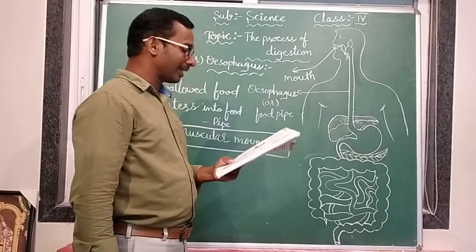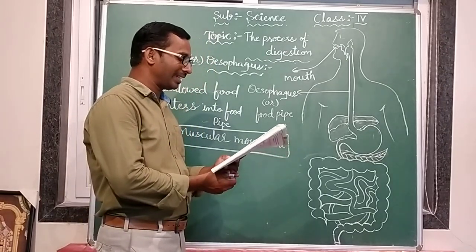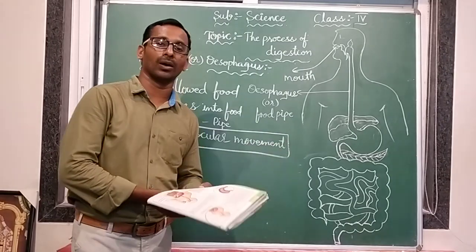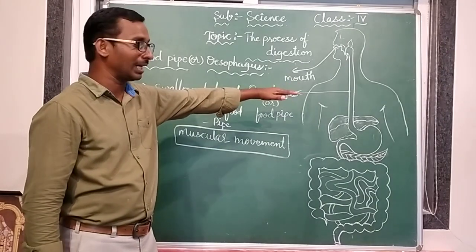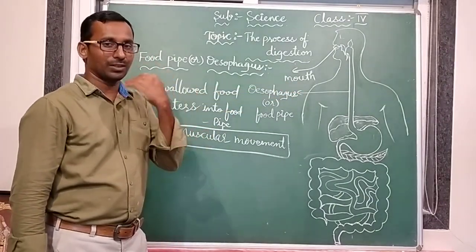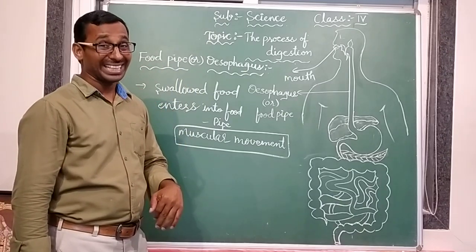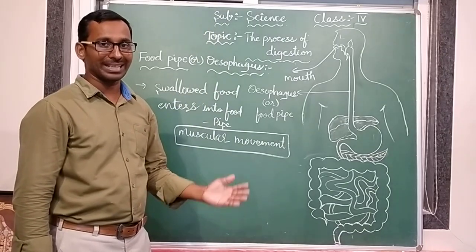This muscular movement helps in the downward movement of food even when we are upside down. The food pipe has muscular movement. With the help of this movement, our swallowed food enters into our stomach, even if we stand upside down.